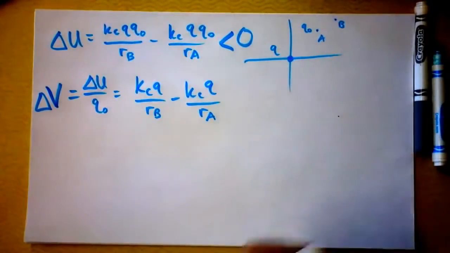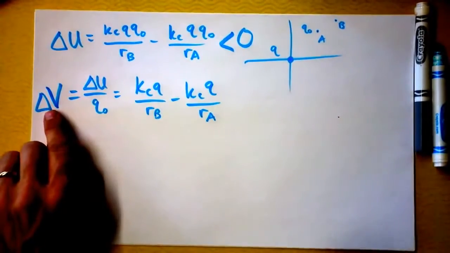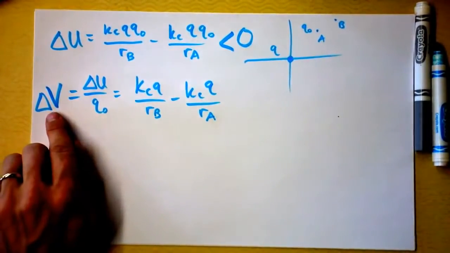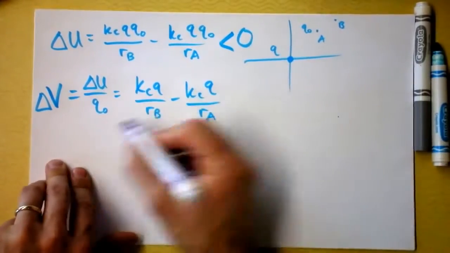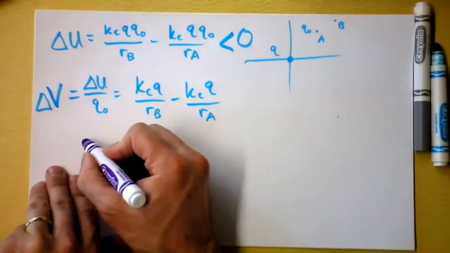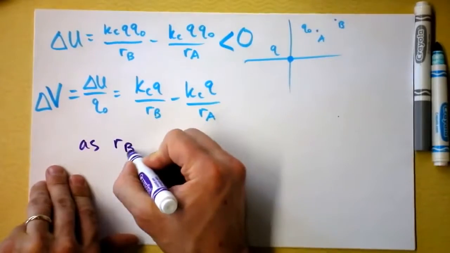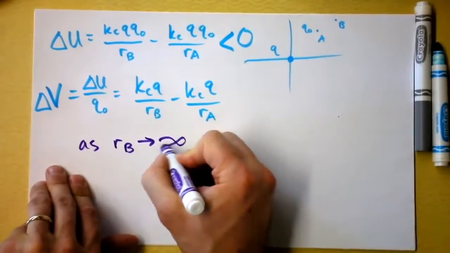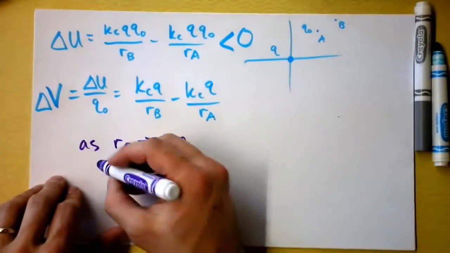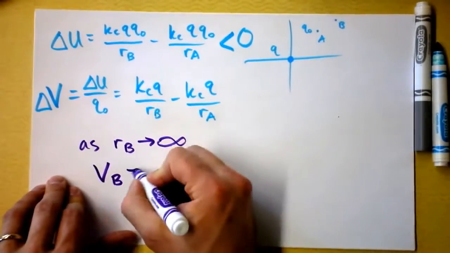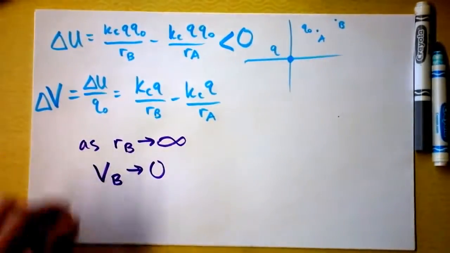The wonderful thing about this is that potential is arbitrarily defined. It's about change in potential that we're interested. So I want to point out to you, first of all, as Rb approaches infinity, what happens to the potential at B? I would argue that Vb goes to 0.